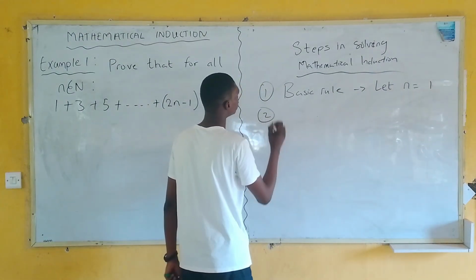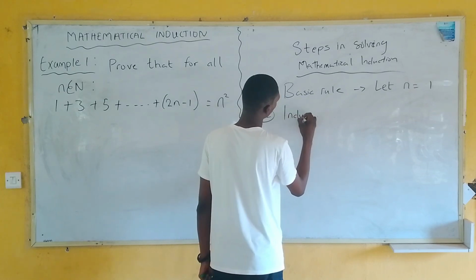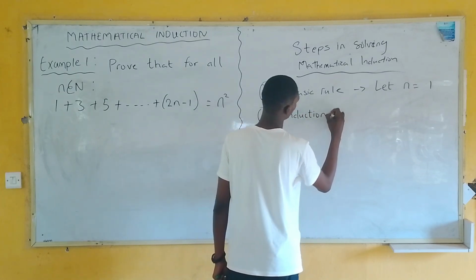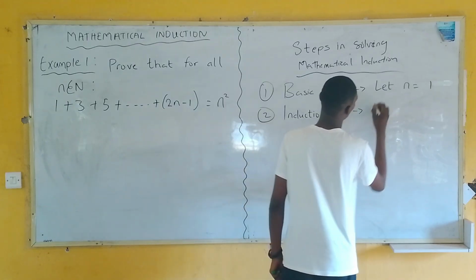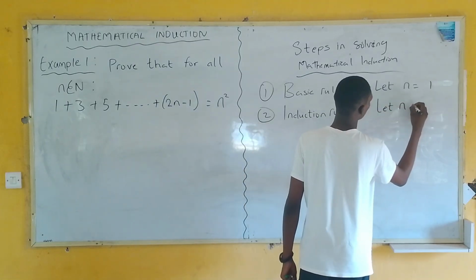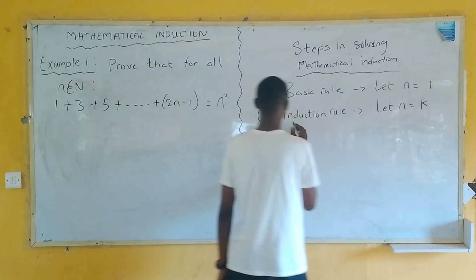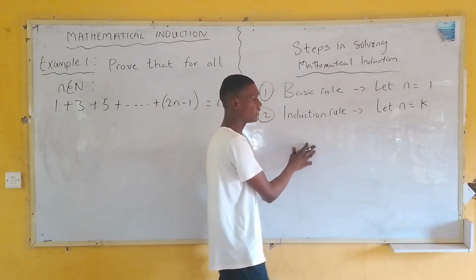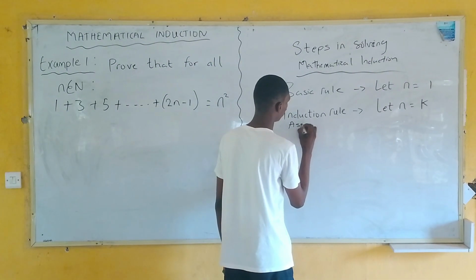The second one is called the induction rule, and we say let n be equal to k, and then we assume this is true.